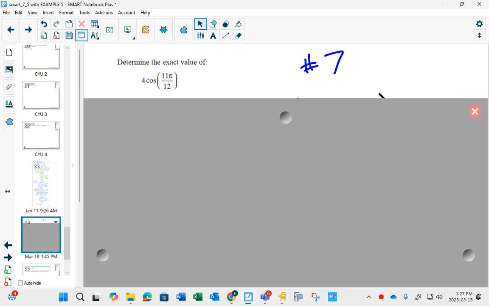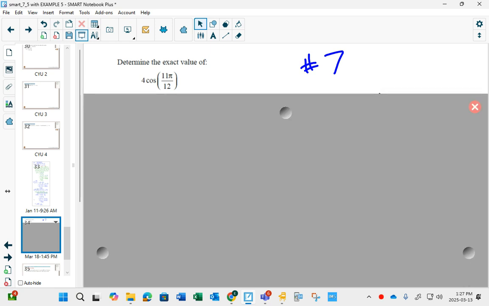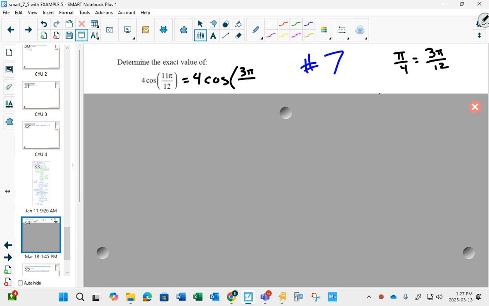Okay? So, you pick pi over 4. I'm going to take a peek. Oh, I picked pi over 4. So if I pick pi over 4, that's 3 pi over 12. Can you see that it's really easy to figure out what you would have to add to 3 pi over 12 to get 11 pi over 12?